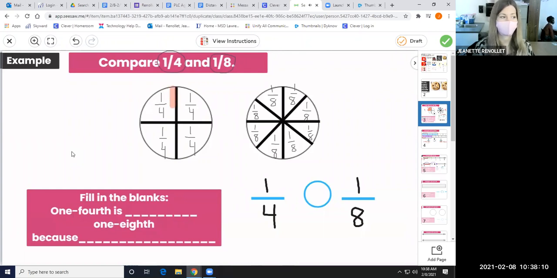So I will shade in one piece of the 4 pieces, or one part of the 4 parts. I have now represented 1/4 on the left. My next fraction that I'm comparing is 1/8. So on the right model, I will shade in one part to represent 1/8.